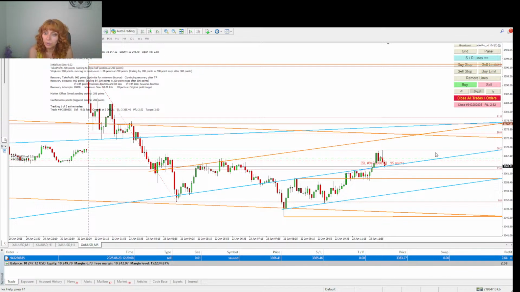That means it will clear out all the trades. But I'm not expecting big news today, unless fundamental news, of course. And I'm not going to be there watching it to see how many trades you get. If you get too many trades, and it goes into recovery for all of them, the lot size might get very high.